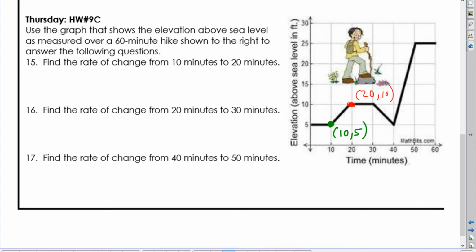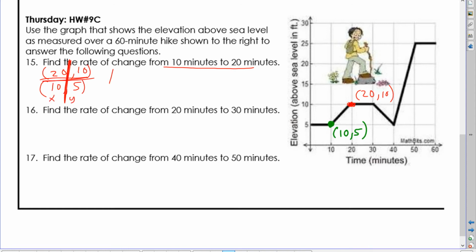So if I ask you to find the rate of change from 10 minutes to 20 minutes, then we could use these 2 points. So the points are 20 and 10 and 10 and 5. It doesn't matter which point comes first, but these are our x's and our y's.